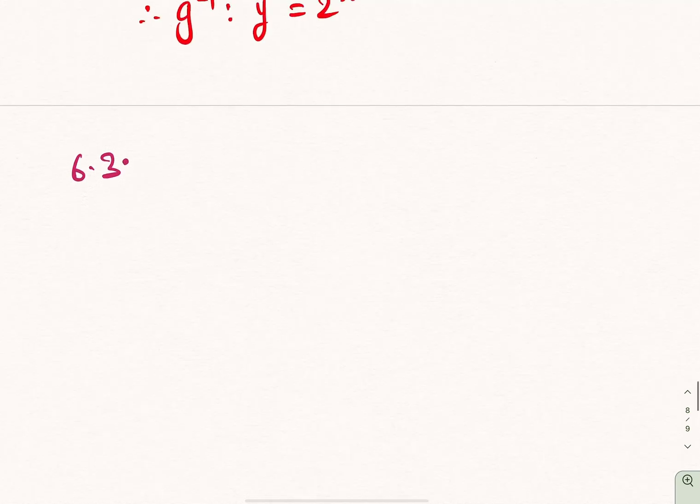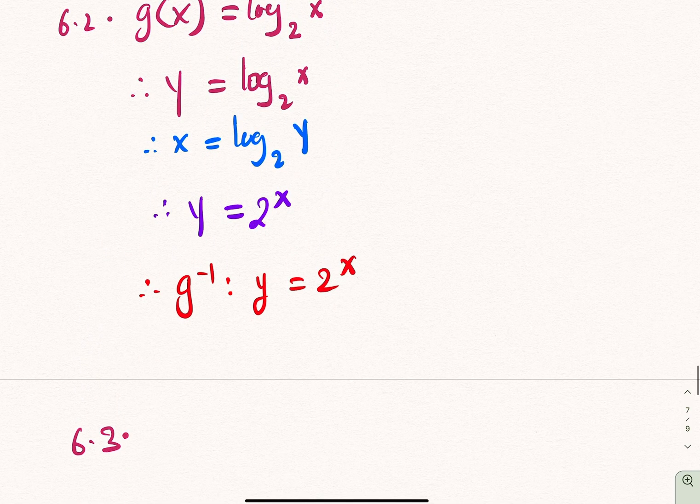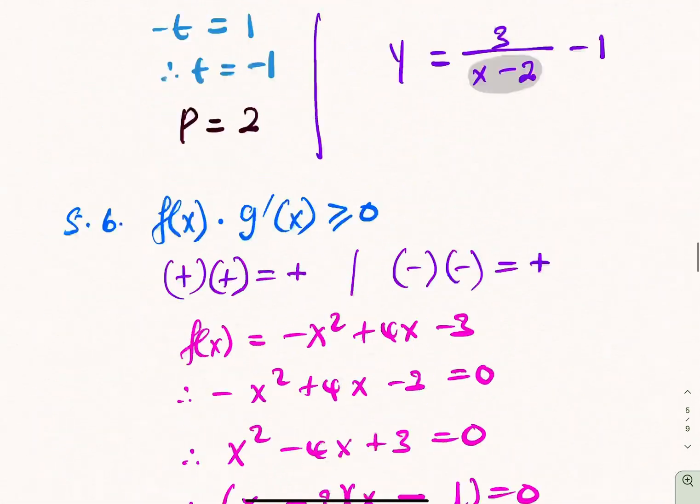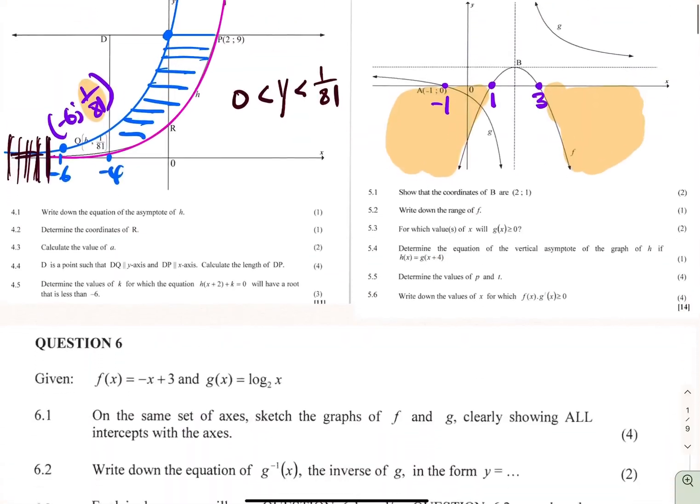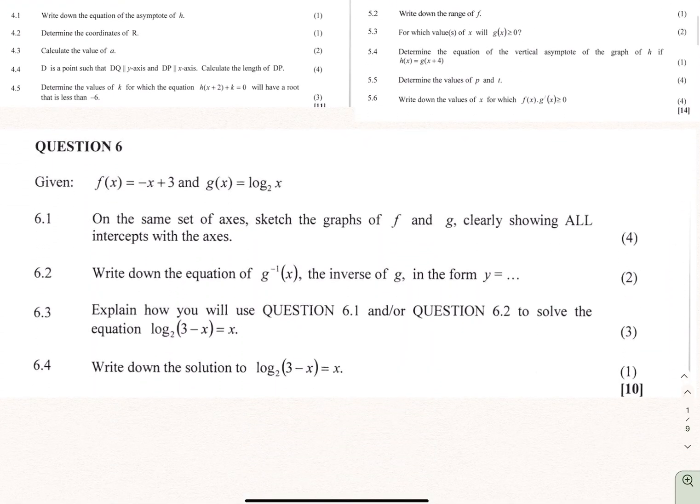Well, let's check 6.3 here. What are they saying there? I didn't really check the question. 6.3: they say explain how you will use 6.1 and 6.2 to solve log base 2 of (3 minus x) equals x.